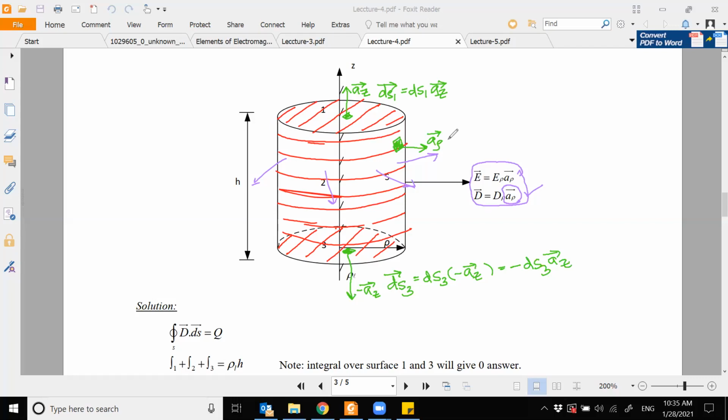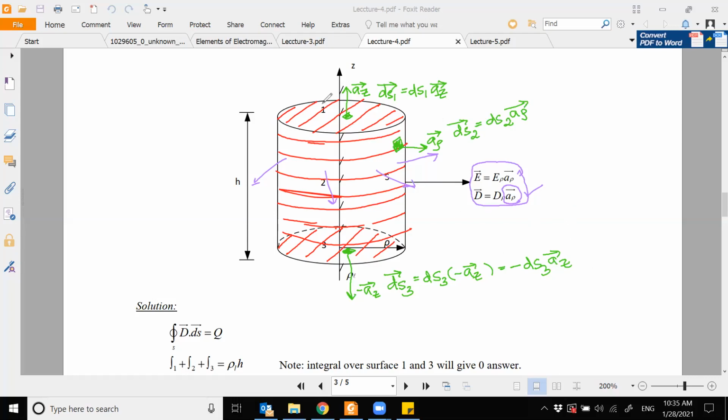So for this case, your DS2 bar will be equal to your DS2 value times a rho. Right now, I'm not evaluating what DS1, DS2, and DS3 are. Why? Because I will evaluate only for that which stays. And why should I evaluate for those which become 0? It's an unnecessary waste of time.